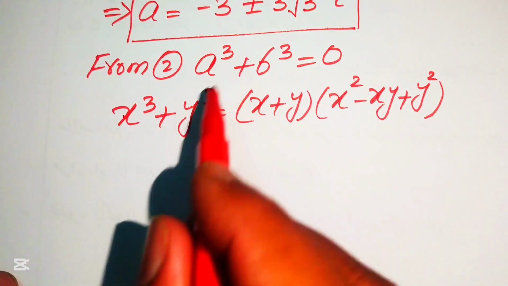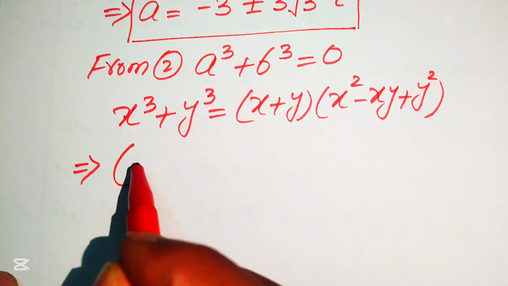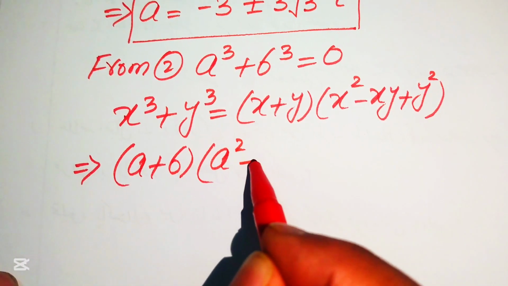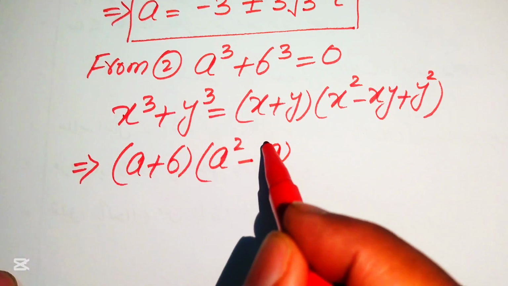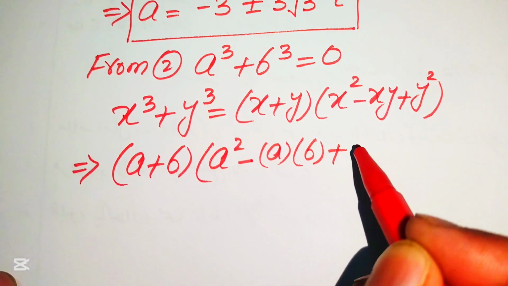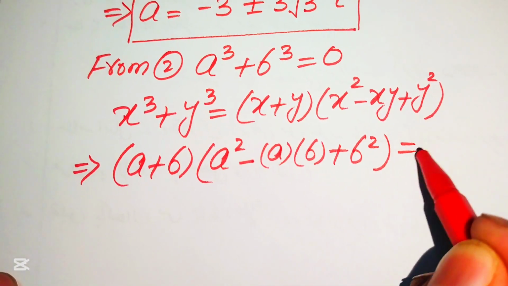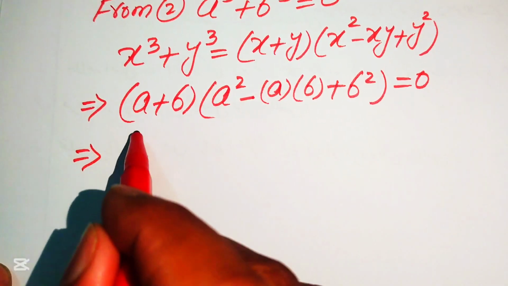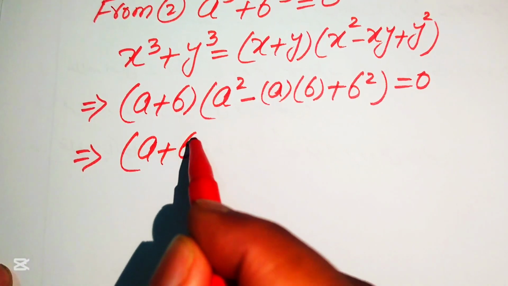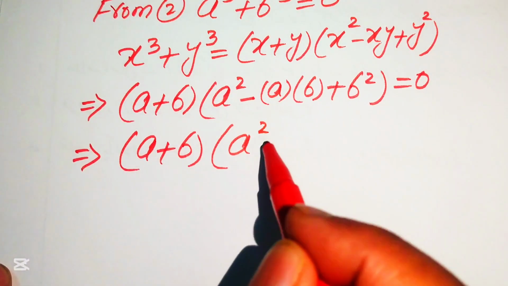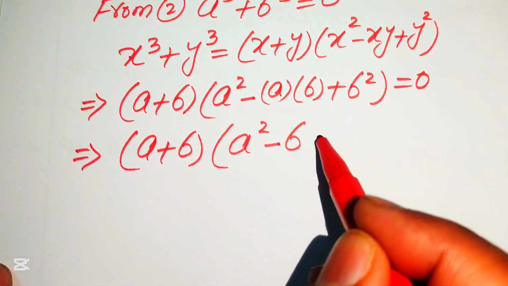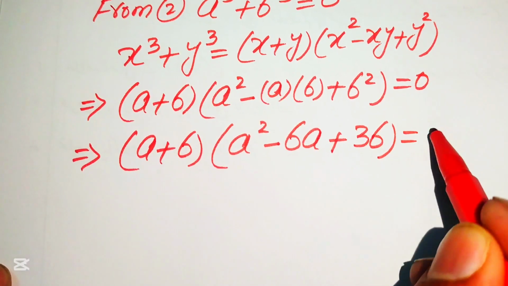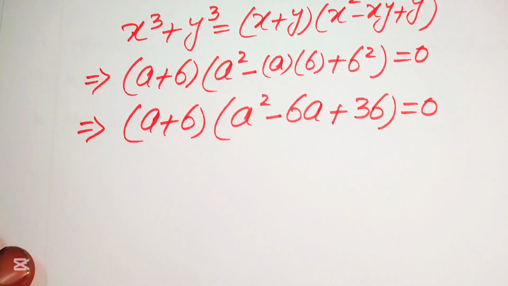So according to this formula, we write our above equation as a plus 6 times a square minus a times 6 plus 6 square, and this whole equals 0. So here we have a plus 6 times a square minus a times 6 becomes 6a plus 6 square equals 36, and this whole equals 0.